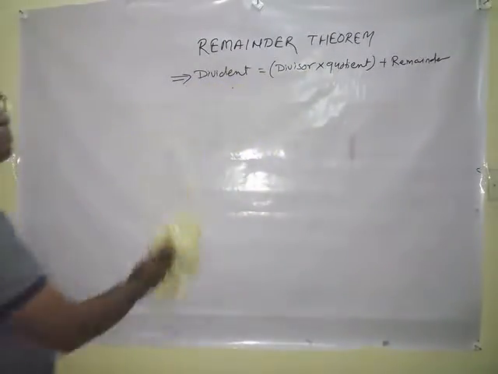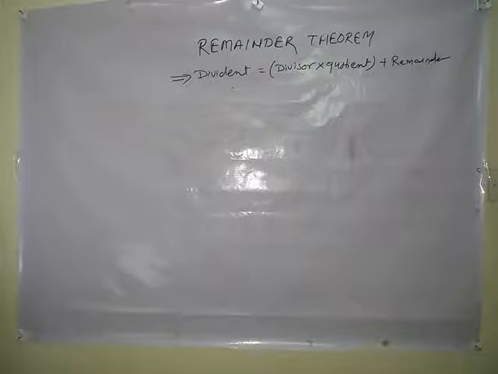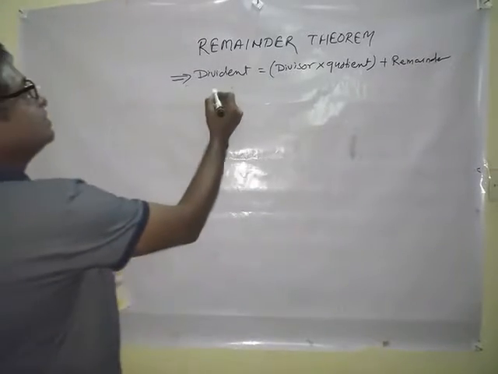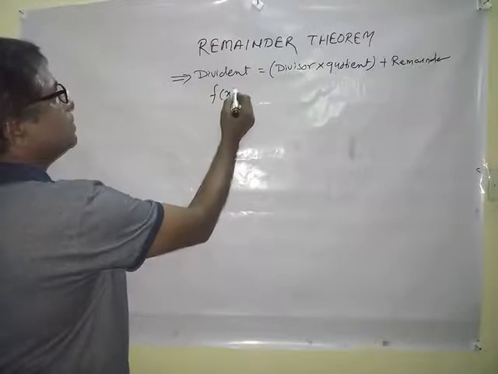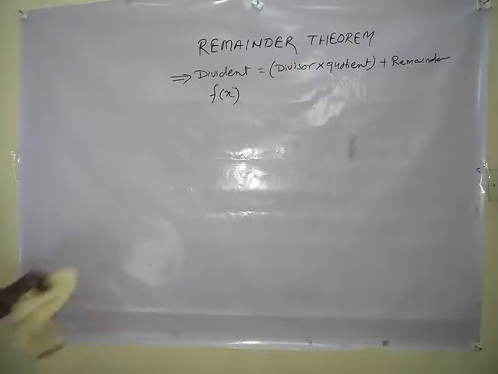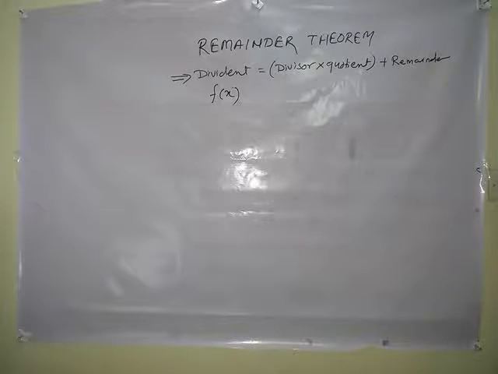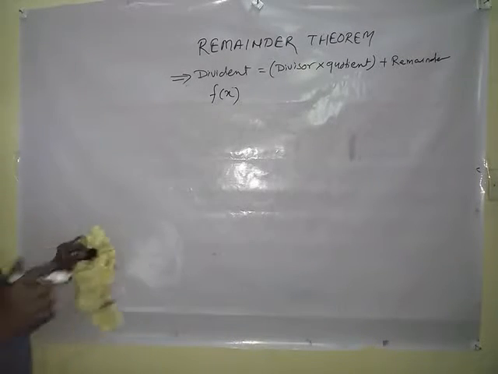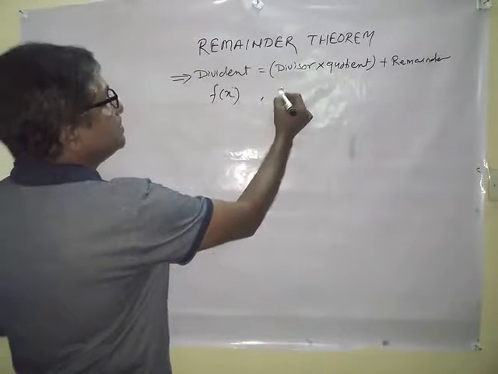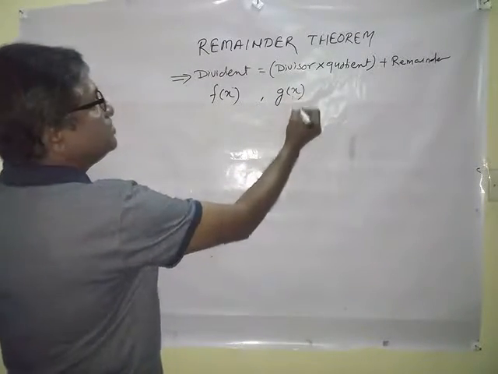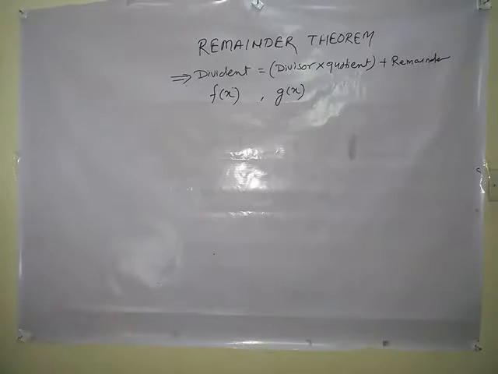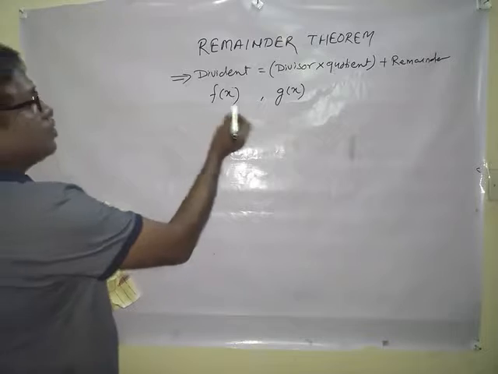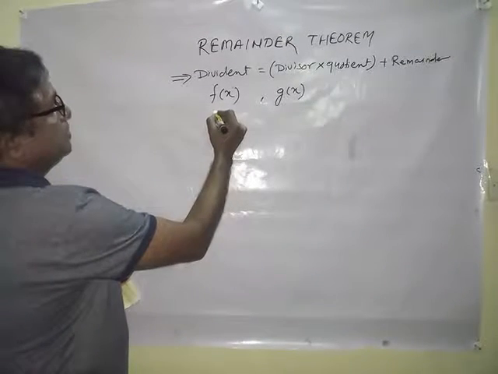Like say, if in the polynomial equation f(x) is divided by a polynomial g(x), then there are two possibilities which can happen.